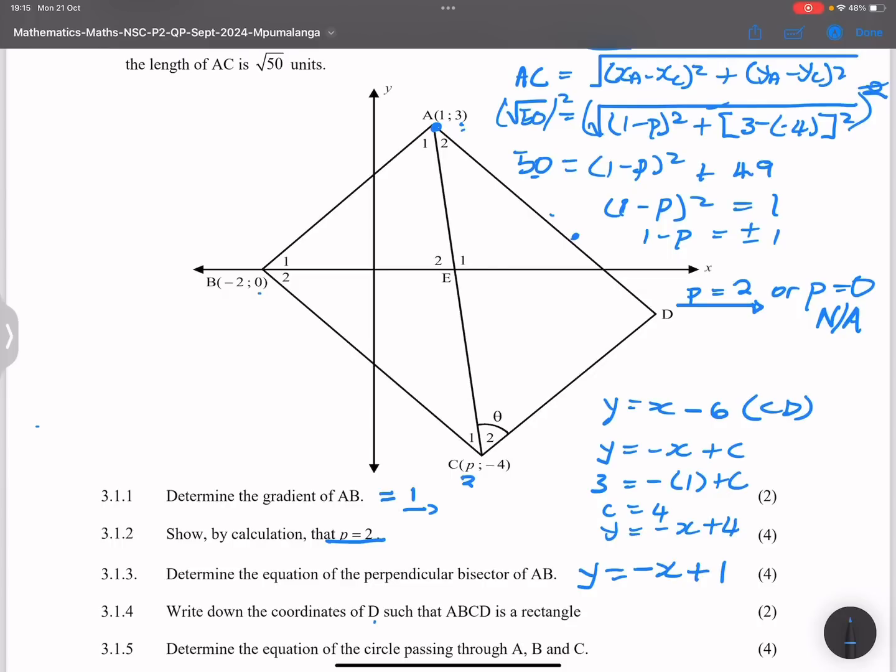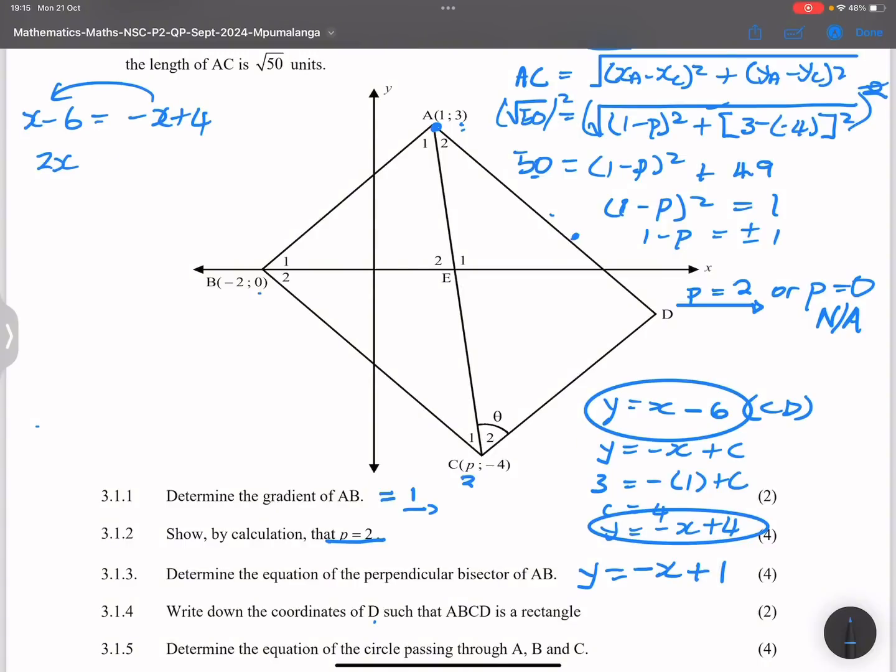So what I'll do is I'll equate these two equations. So I know that x minus 6 is equal to -x plus 4, right? So if I take the x to the other side, I've got 2x. If I take the 6 to the other side, I've got 10. So divide by 2 on either side. So x is equal to 5.